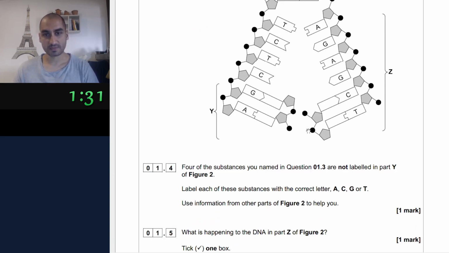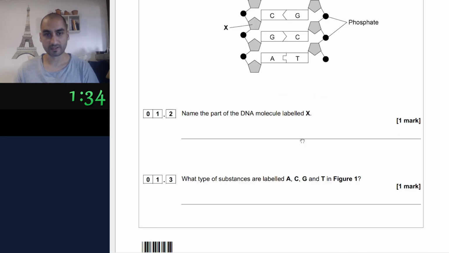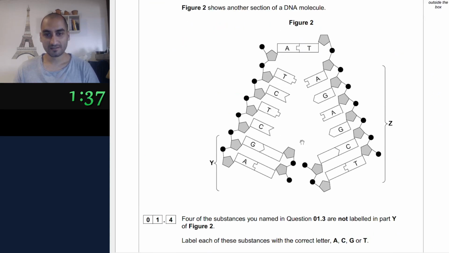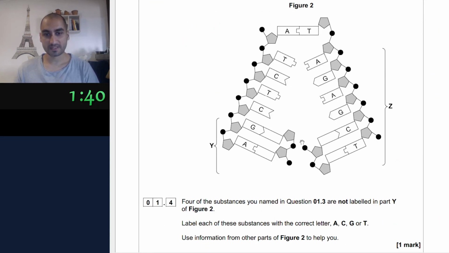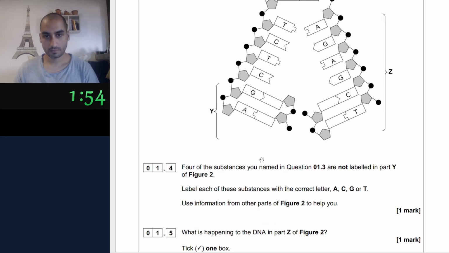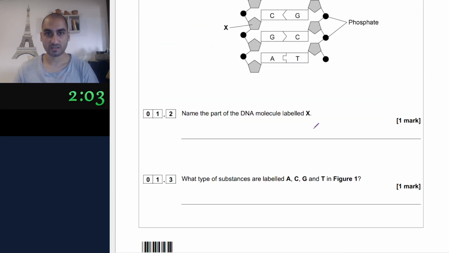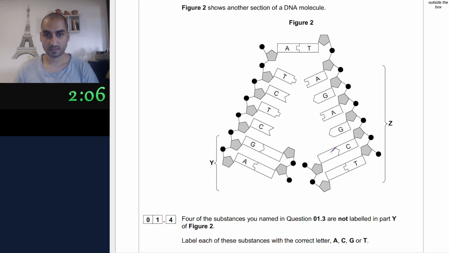4 of the substances you named in question 1.3 are not labeled in part Y of 2. Well, I didn't. Label each of these substances with the correct letter A, C, G, or T. Use information from other parts of figure 2 to help you. Well, I know that C always goes with G, T always goes with A, so it's going to be G. Just that's a G, okay?